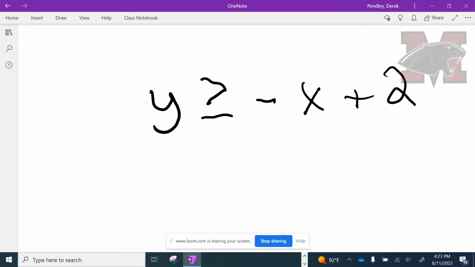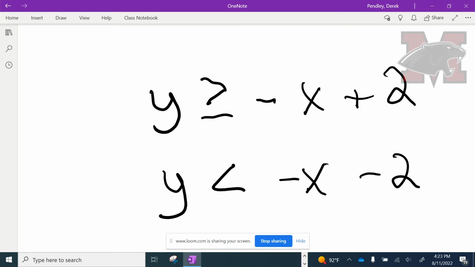On the same graph, I want you to also graph y is less than -x minus 2. So I'm giving you two inequalities to graph. I want you to graph them on the same graph. Make sure you treat them differently. So if you have different colors, that'd be great. If not, don't worry about it.